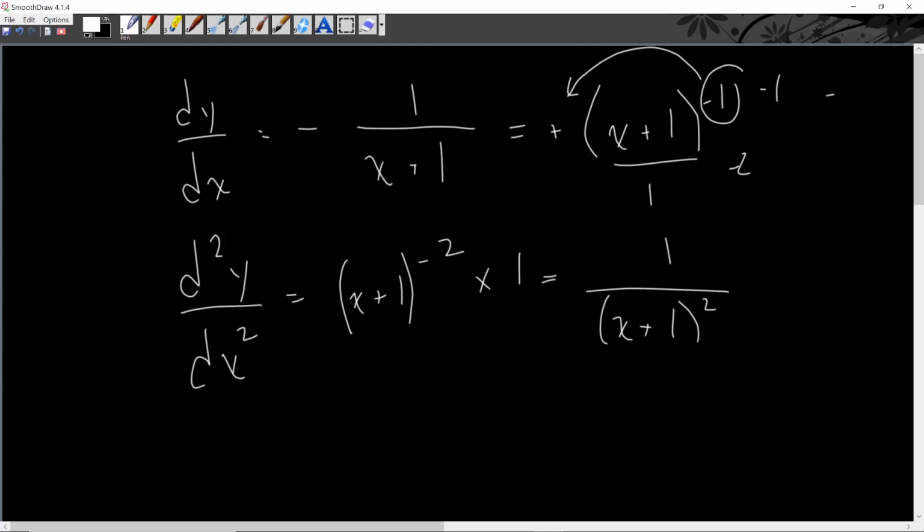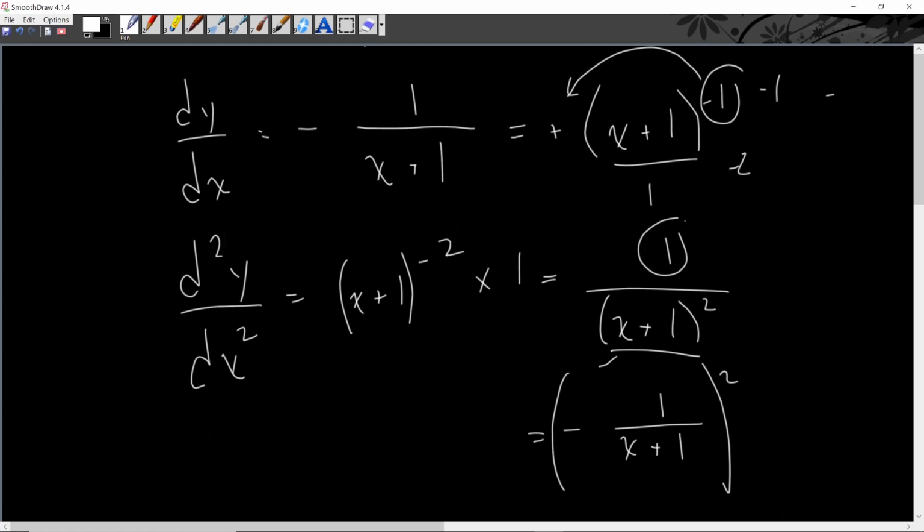And this is a tricky idea, but anything squared, so 3 squared is the same as negative 3 squared, if the negative 3 is in parentheses. Any negative when squared becomes positive, but that can also go kind of in the opposite way. We can write this 1 over x plus 1 squared as negative in parentheses 1 over x plus 1 squared, right? 1 squared up here is 1.